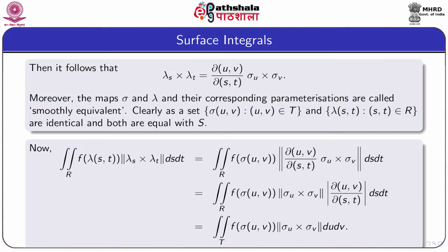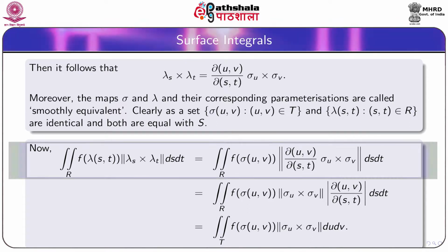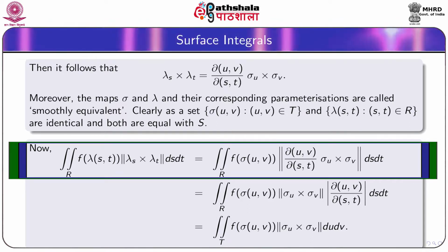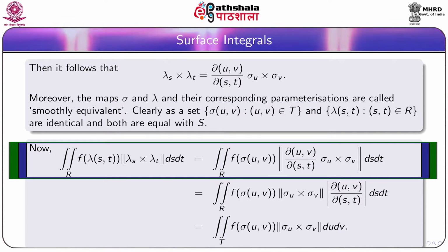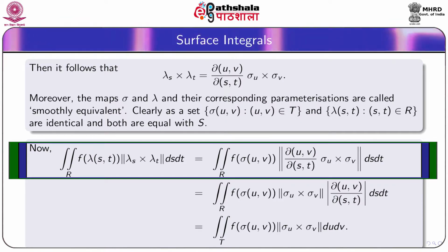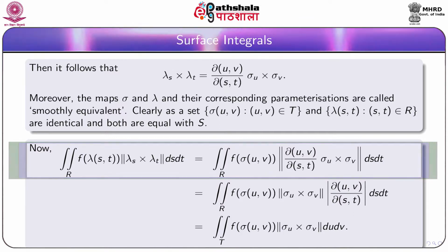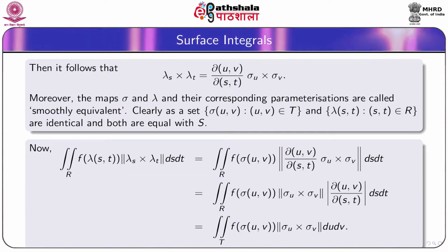Clearly, as I said, the collection sigma(u,v) where (u,v) is from T, and the collection of lambda(s,t) where (s,t) is from R, are identical and both are equal to S. Now, the double integral over R of f(lambda(s,t)) norm of lambda s cross lambda t ds dt equals the integral over R of f(sigma(u,v)) norm of Jacobian del(u,v)/del(s,t) times sigma u cross sigma v ds dt.